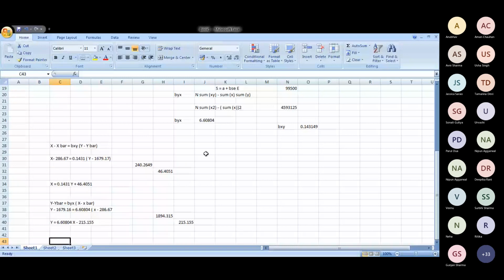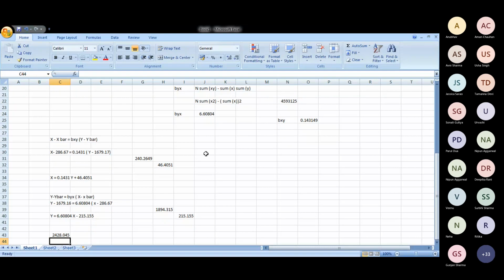Similarly, the same point you can put that x is equal to 400 to calculate the sales at the expenditure of 400, which will be equal to 6.6080 multiplied by 400 minus 215.155.